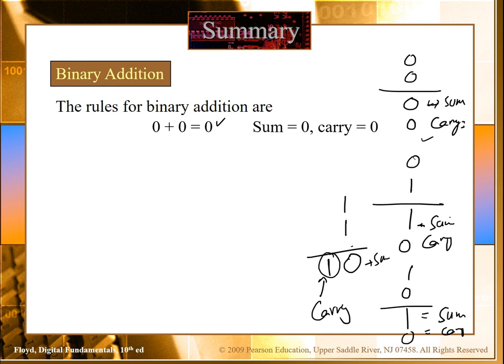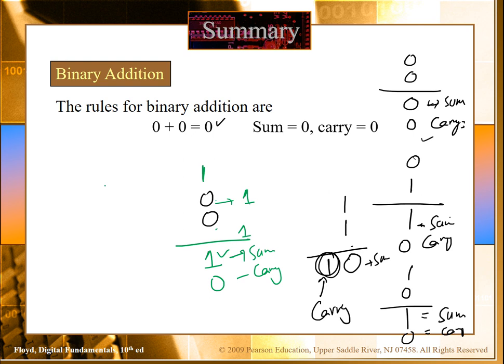Now if you are carrying this to the next one, for example, we have this binary number, 0 0, and this carry is coming from the last. 1 plus 0 is 1, so the sum is 1 and carry is 0 here.